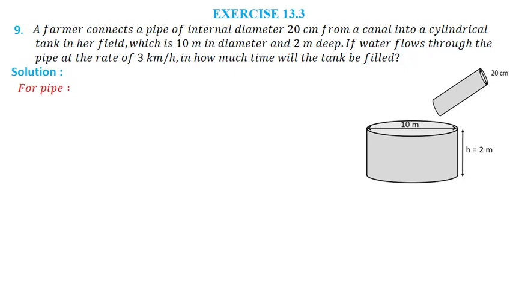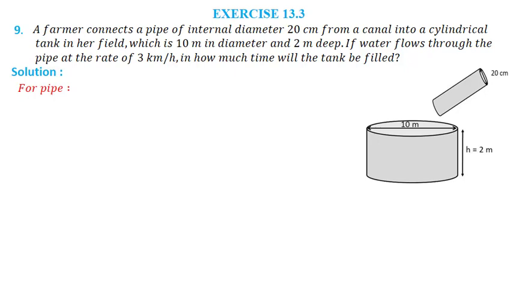Now this problem is a little bit similar to problem number 8. Here again the length is 3 km for 1 hour. Now time we don't know, but we know that we have to fill this tank completely. For this cylinder we are given height as well as diameter, so we can find the volume. That means we know how much volume of water we need.